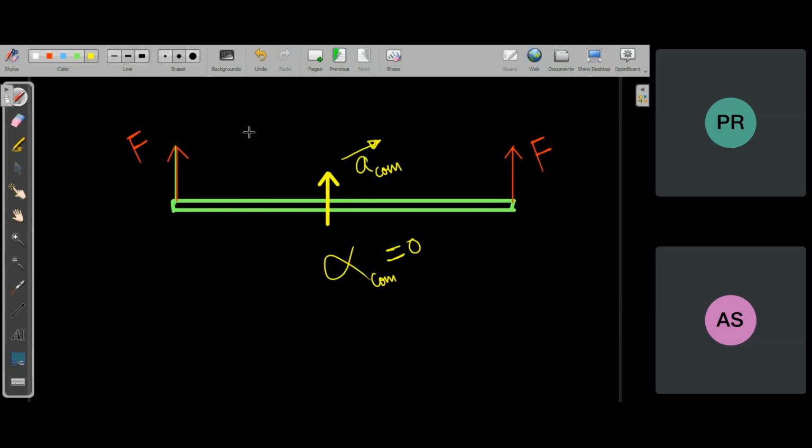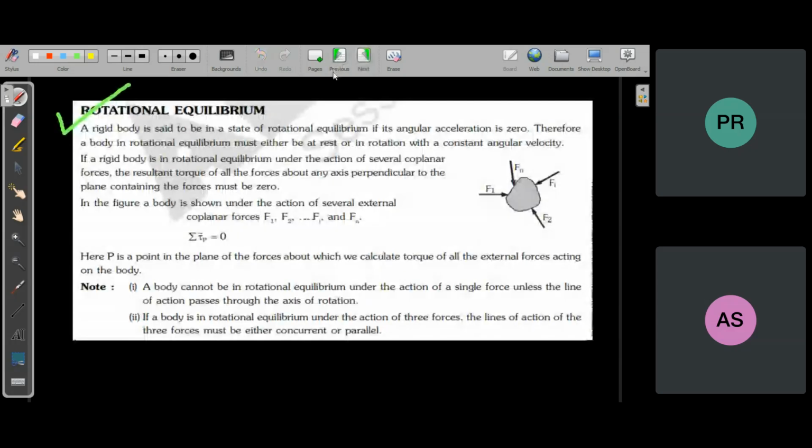So angular acceleration here is zero, but linear acceleration is not equal to zero. So yes, both are possible. Sir, at every point, angular acceleration can be zero? Yeah. So here you can see every point it will be zero.